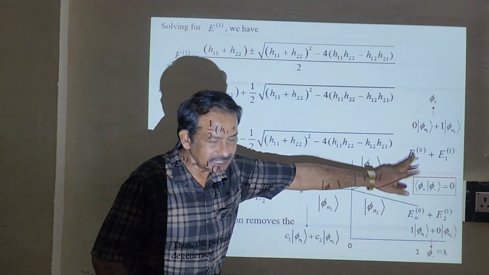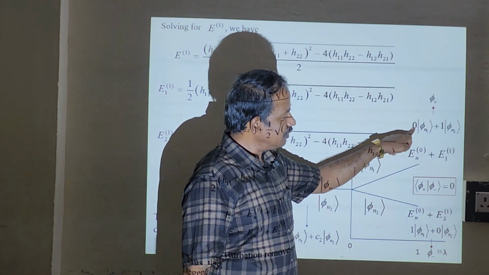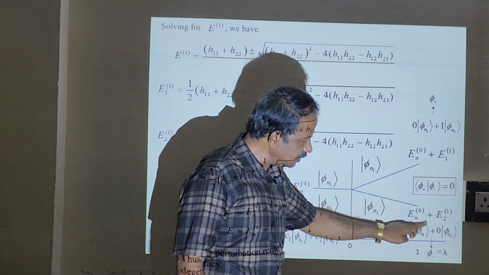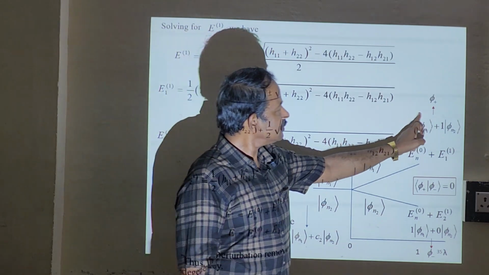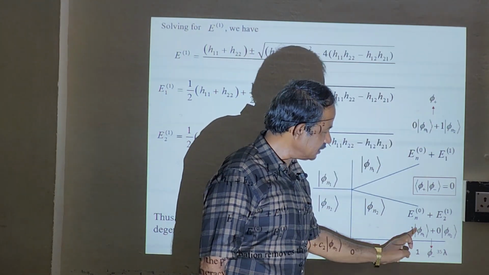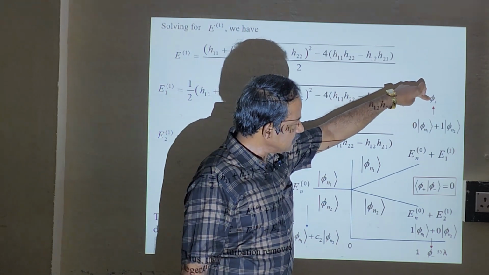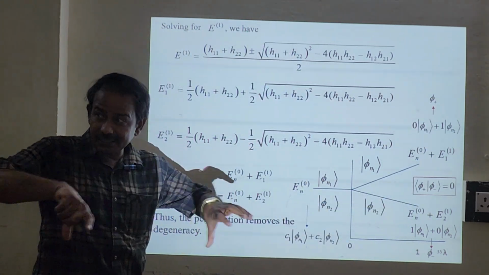We have separated the energy now. What about your wave function? This is your wave function for the upper level, and this is your wave function for the lower level. This can be considered as phi plus, and this as phi minus. Phi plus stands for one energy, phi minus stands for another energy. We have separated the energy.